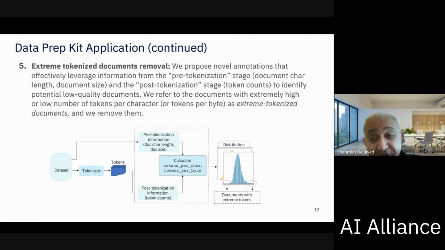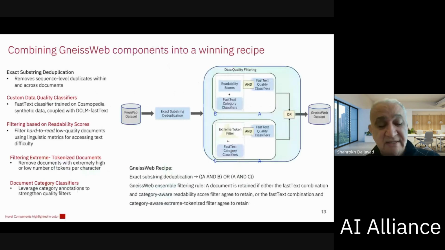If we see very low values of tokens per byte, for instance, we designate these documents as extreme tokenized documents, and in subsequent filtering, the ones designated as extreme tokenized should be removed. Again, that's a very novel way that we did it.